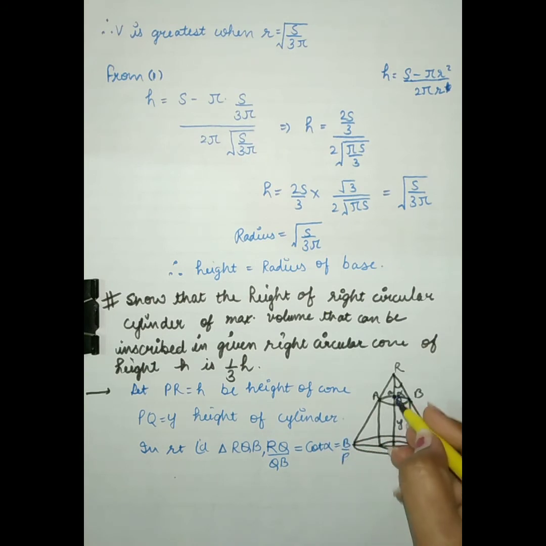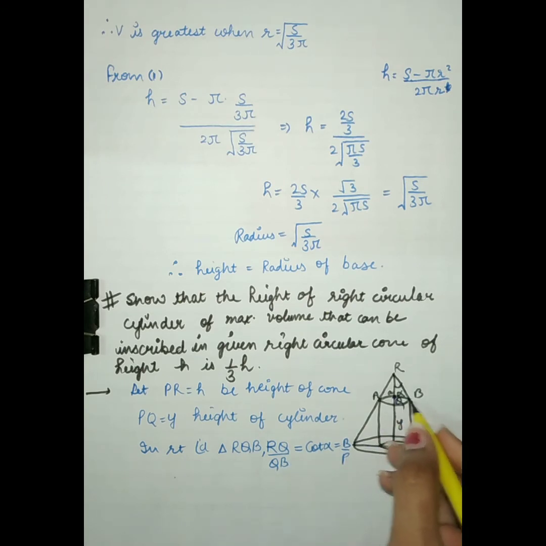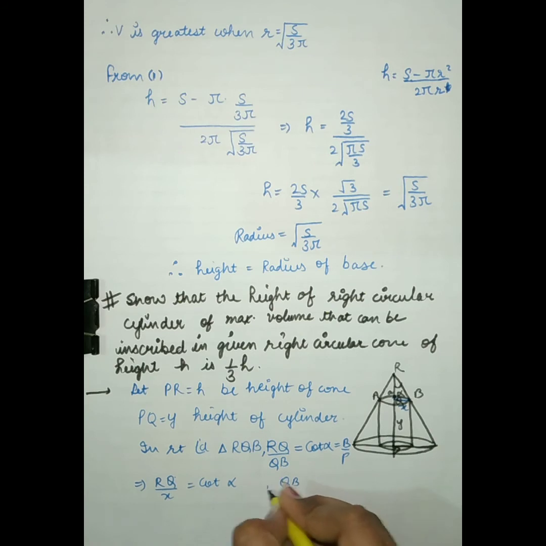That means base is RQ and perpendicular is QB. Now we put the value of QB, which is x. So RQ upon x will be equal to cot alpha, so RQ will be equal to x cot alpha.